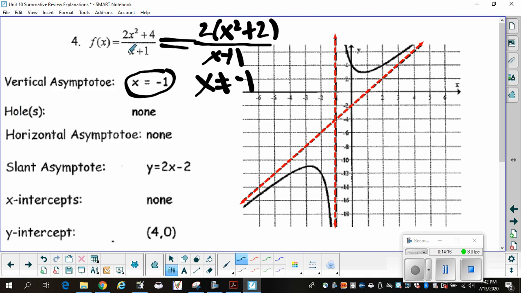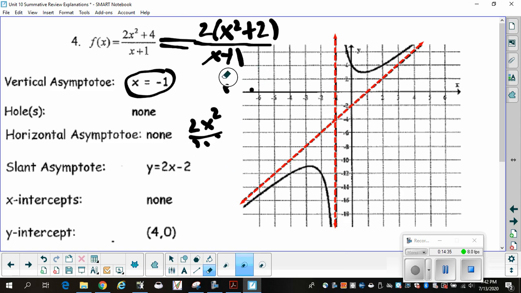A horizontal asymptote. I have 2x squared. So if I do 2x squared over 0x squareds, notice I can't divide by 0, so there's no horizontal asymptote. That being the case, I now have to think about having a slant asymptote.